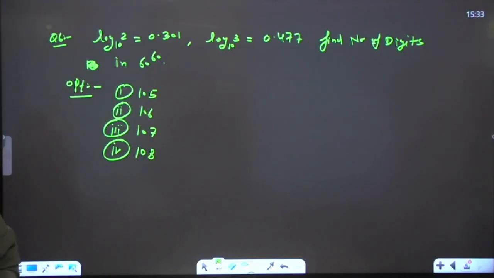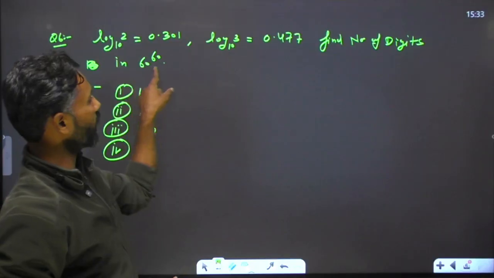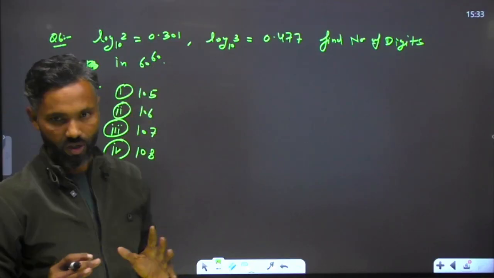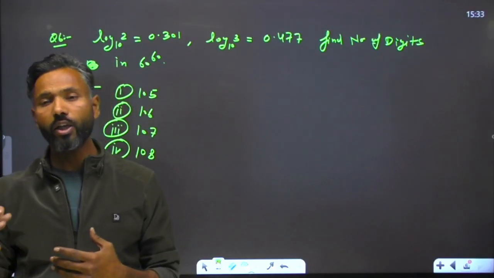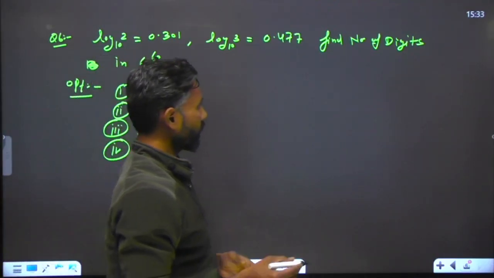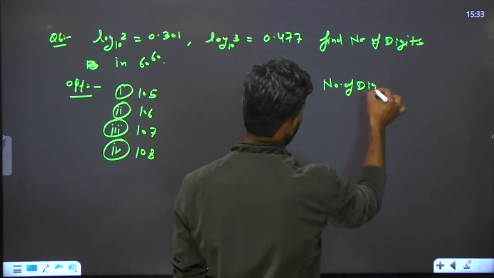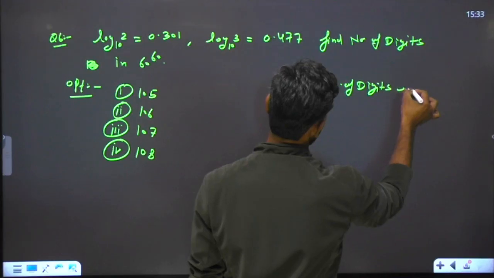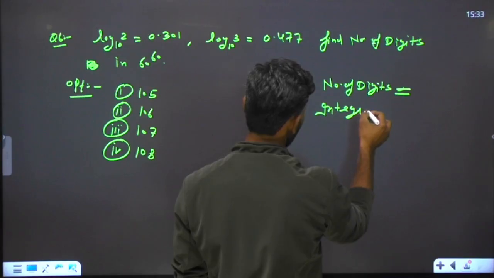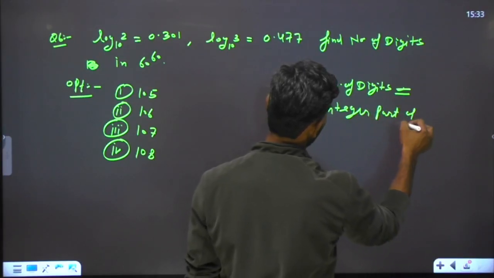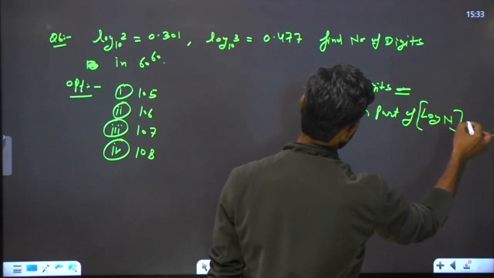Listen to me. When any number is written in exponential form, here we have to calculate the total number of digits in 60 to the power 60. If you are going to calculate the number of digits in any exponential form, the rule says that the number of digits equals the integer part of log n plus 1.